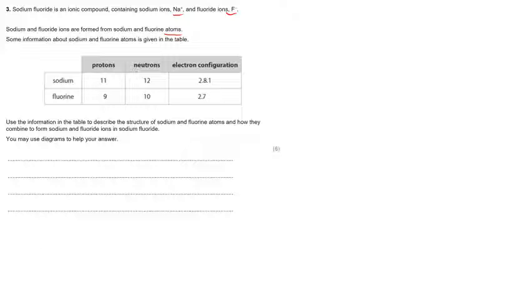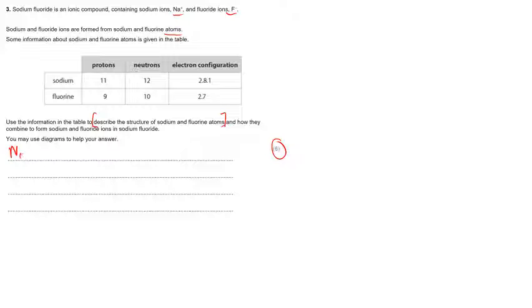Use the information in the table to describe the structure of sodium and fluorine atoms. Before I continue, I think we can break this question up because it's a long mark question. We can just answer this first part here, which is describe the structure of sodium and fluorine atoms. So this is quite easy, but it's even easier because they've given us this table. So let's try it here.